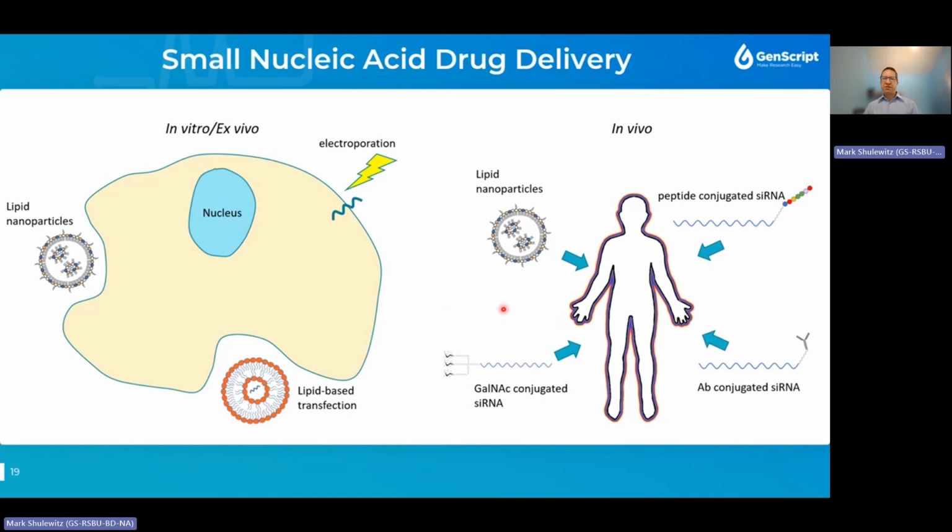And one of the biggest breakthroughs was the development of lipid nanoparticles, as shown here. So a lipid nanoparticle is a lipid vesicle that has a single lipid membrane surrounding a dense core, and the dense core contains the payload, in this case siRNA, but can also contain antisense oligos, and these can be efficiently delivered into particular cells in the body.